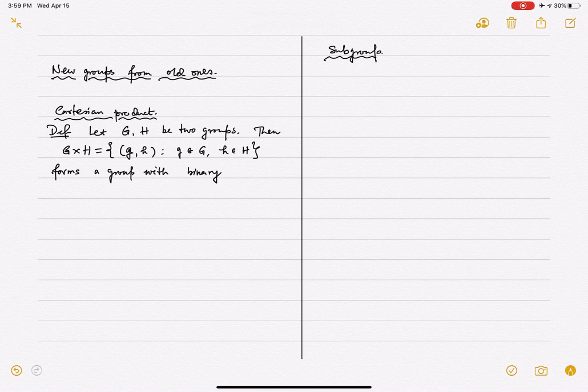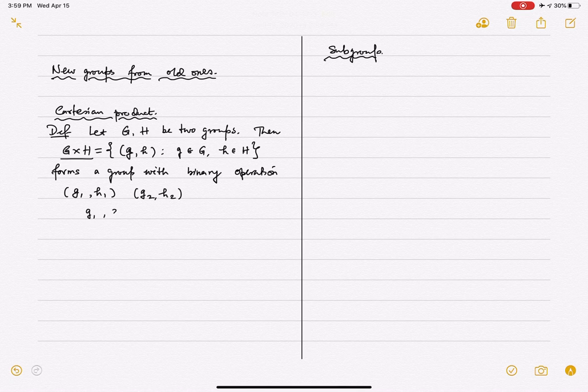So to define a group, you need a set. Here is a set. You need a binary operation. And here is the binary operation. You give me two things from G cross H. They look like this, (g1, h1) and (g2, h2).